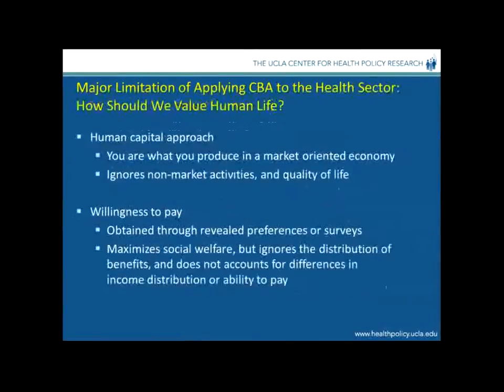And willingness to pay simply would focus on people who have the ability to pay. So we would tend to undervalue any benefit to low-income populations.